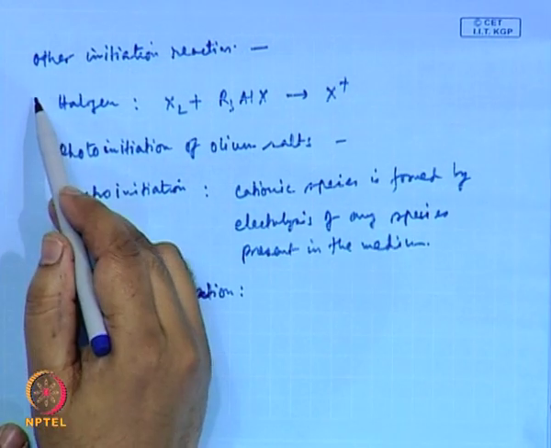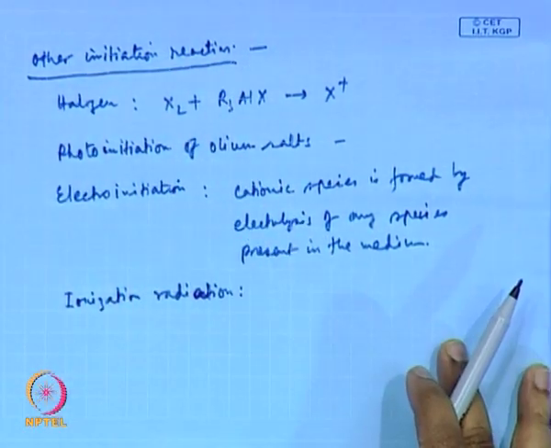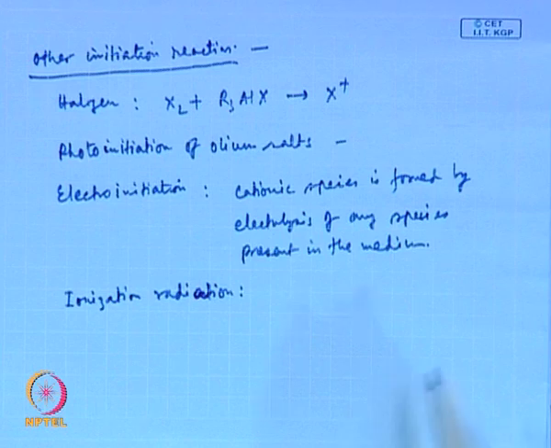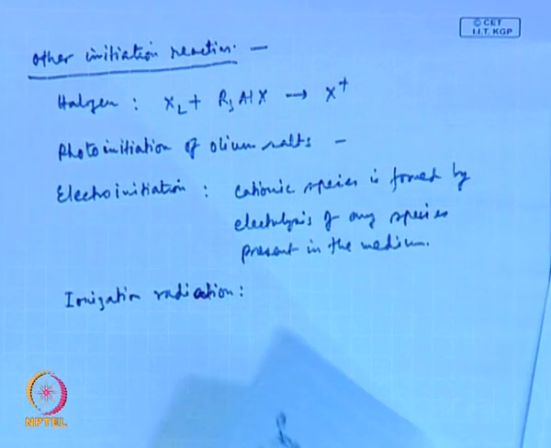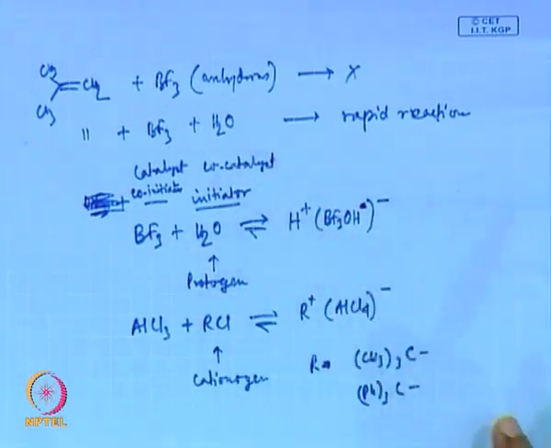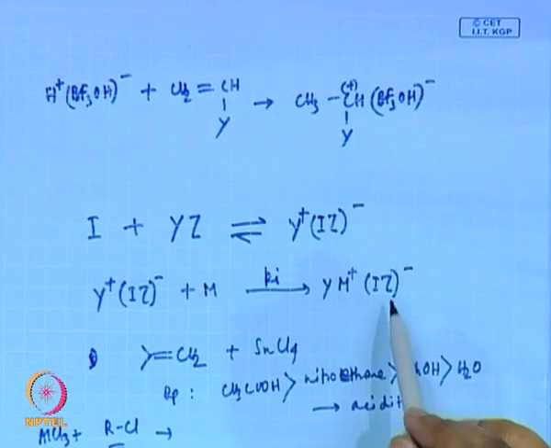So, these are the other possible ways of initiating a cationic polymerization, but as I mentioned earlier, the generic examples which we gave on this page are the most common and most important initiation reactions.